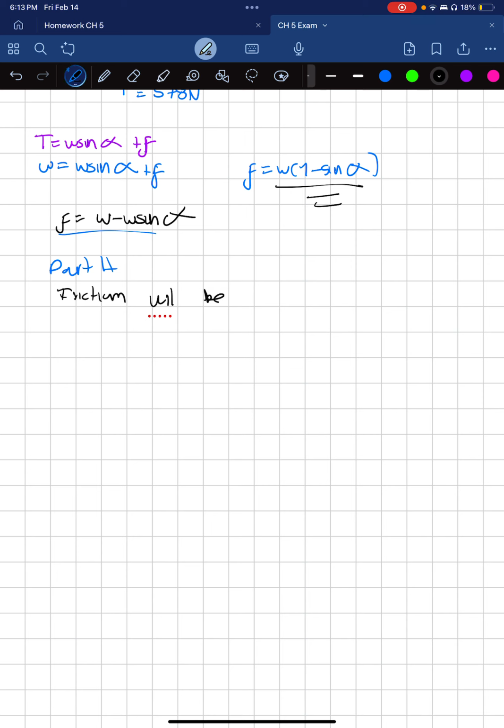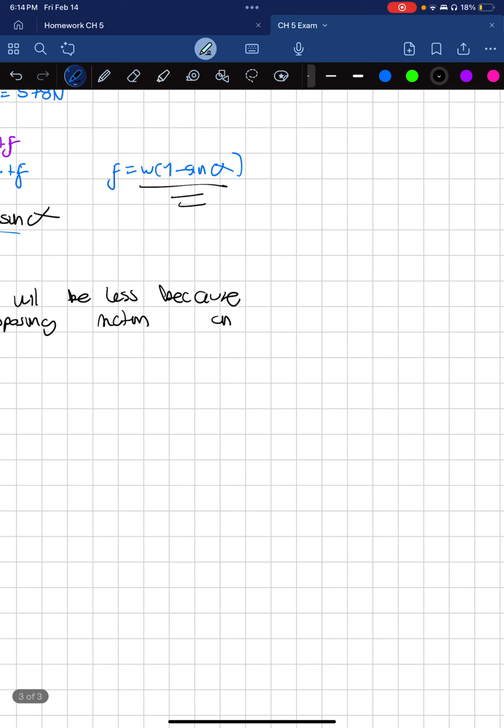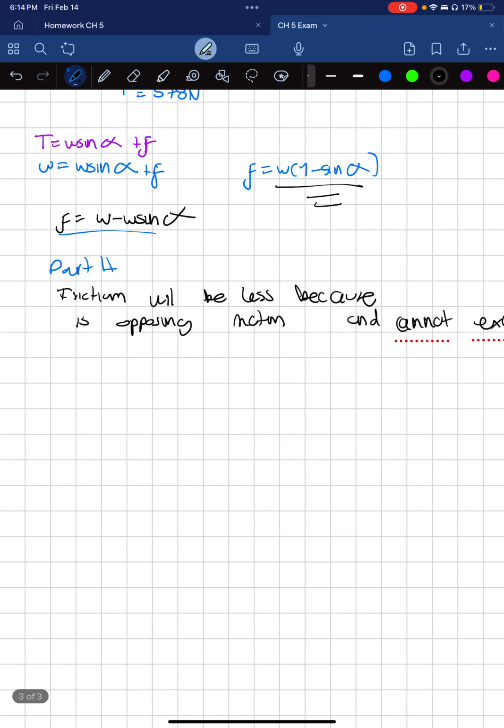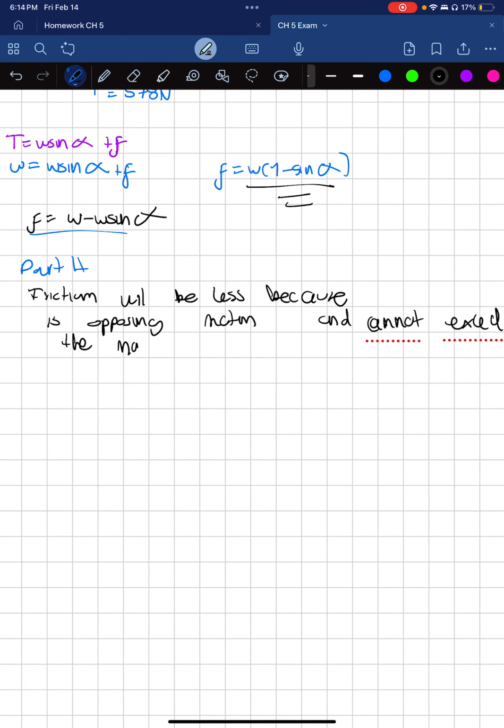So friction will be less because it's opposing motion, and cannot exceed the maximum force generated between surfaces.